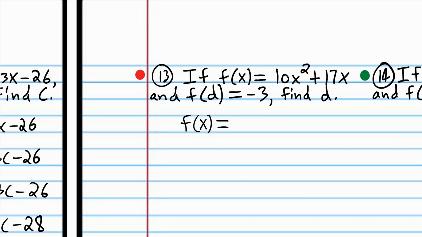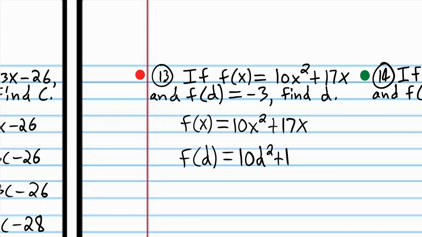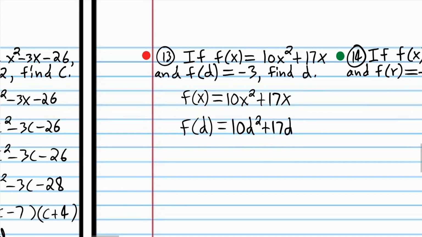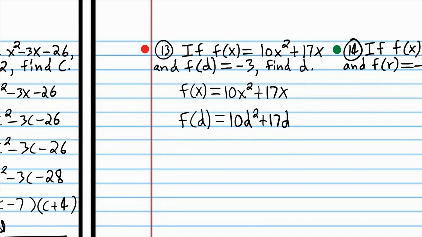So in this problem, we're told that f of x is 10x squared plus 17x. If that's true, then that means that f of d is equal to 10d squared plus 17d. But we're told that f of d is equal to negative 3.